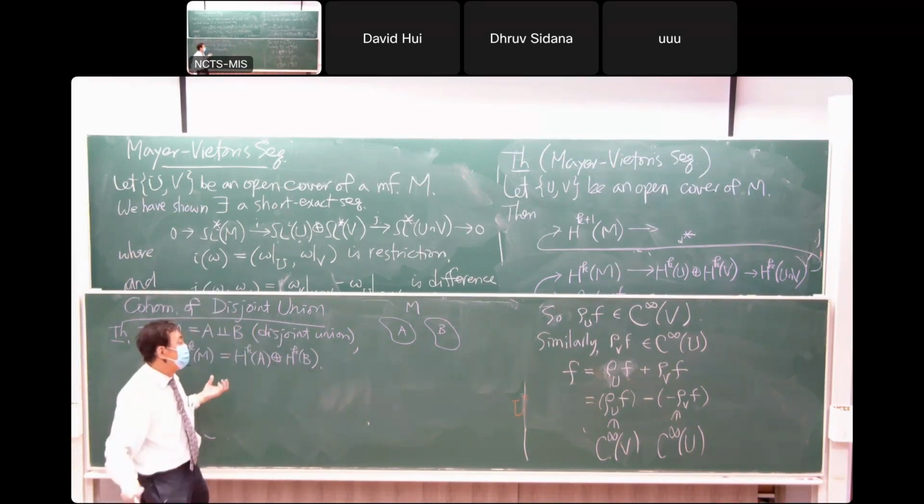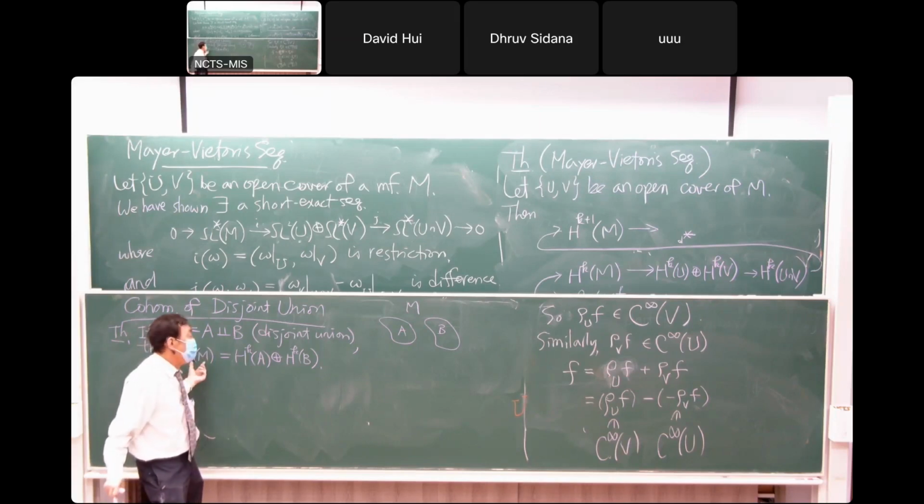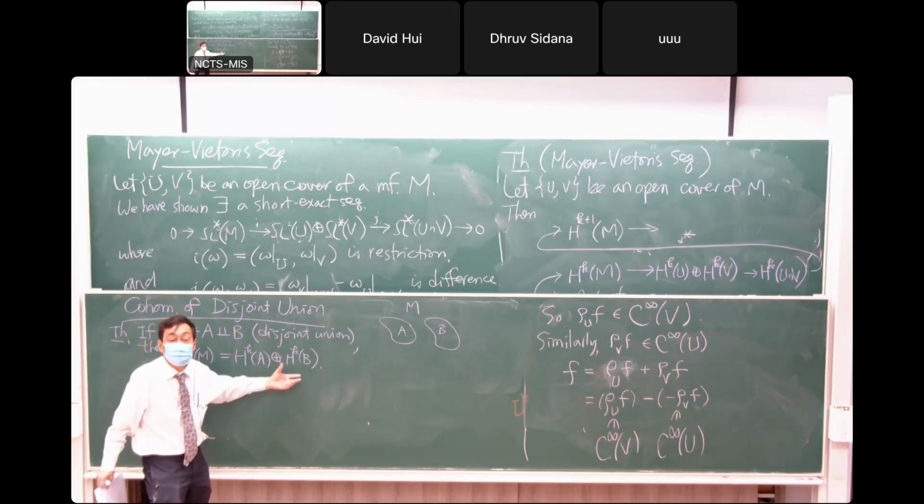And that's basically because a form on M is a pair of forms. Okay?